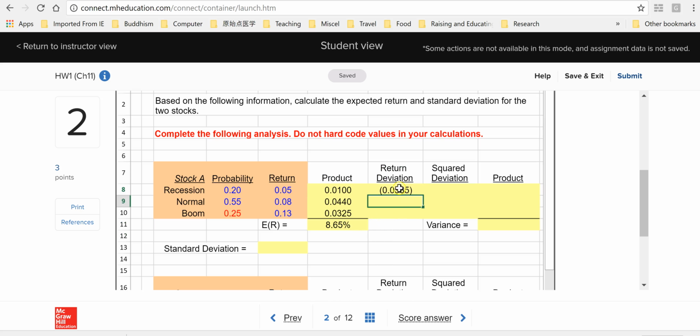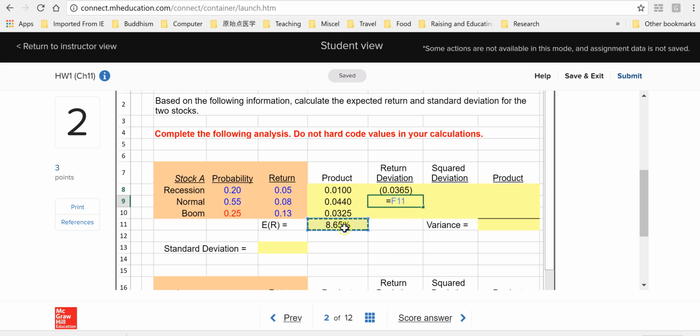Here you can either type the return minus the expected return, or you can also type the expected return minus the return. Let me try that, whether that works or not. Oh, it doesn't allow me. So let me try with the second cell.